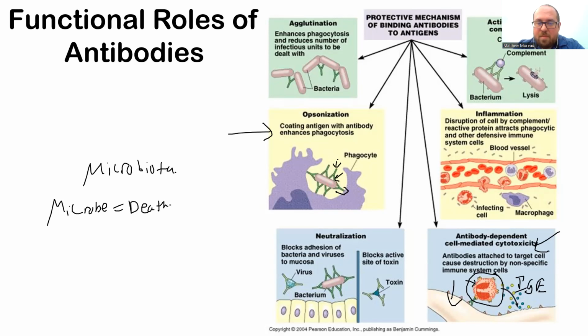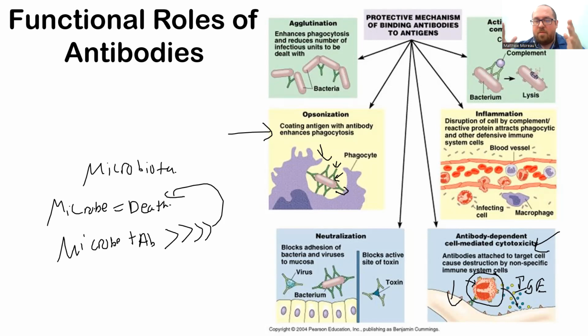However, once you have an antibody bound to a microbe, like so, microbe plus antibody is much more greatly sought after for death versus those that are not. And so we can really narrow our inflammation, our sentinel immunity, in order to specifically target the pathogen that's causing the kind of destruction that we're trying to alleviate.